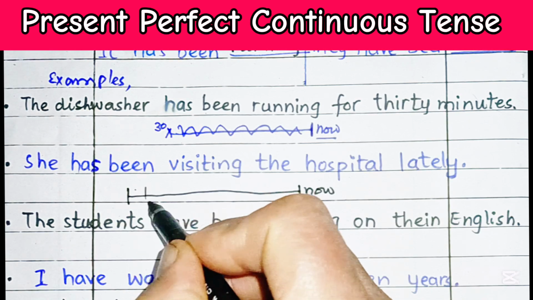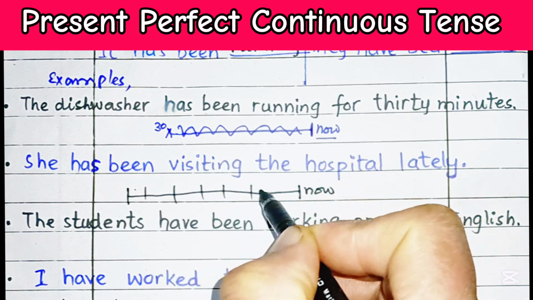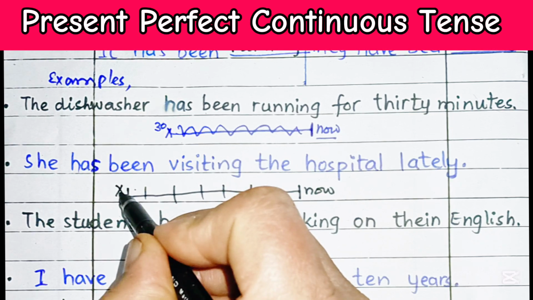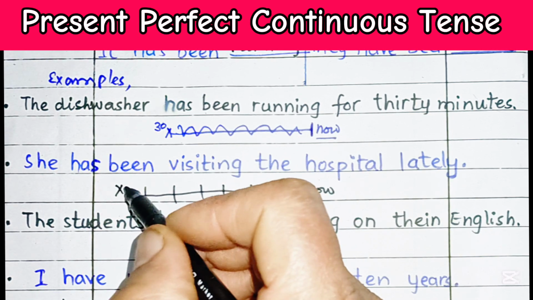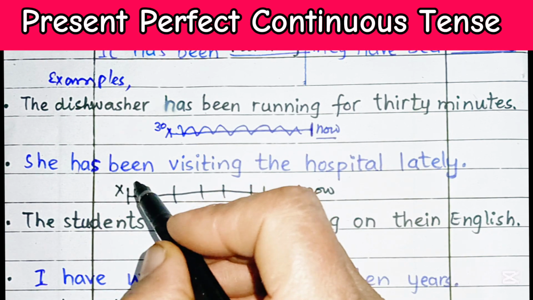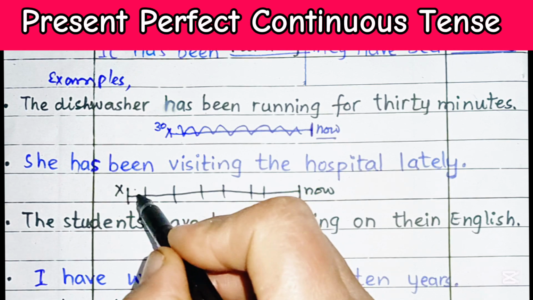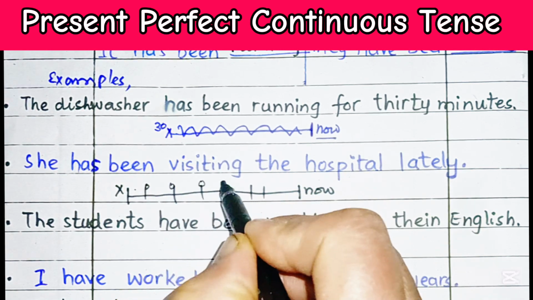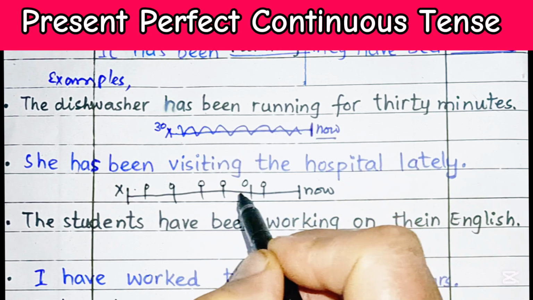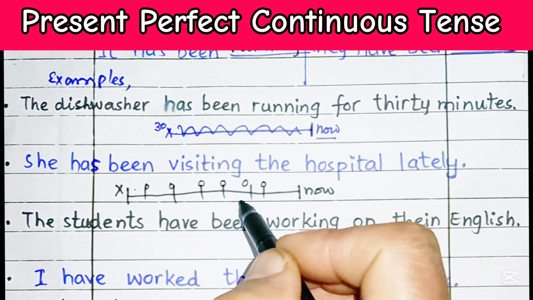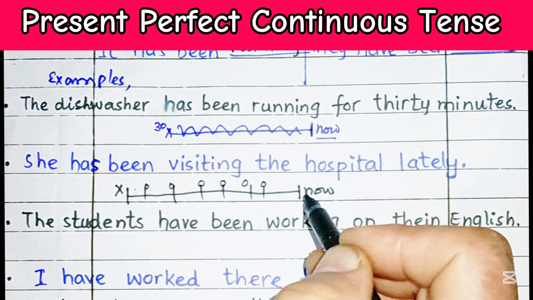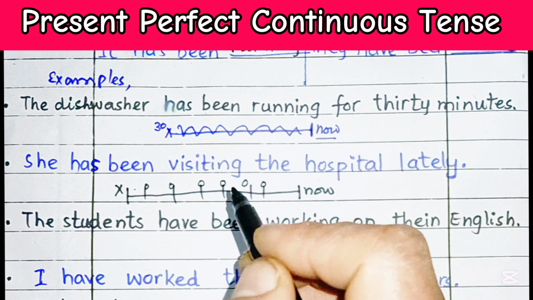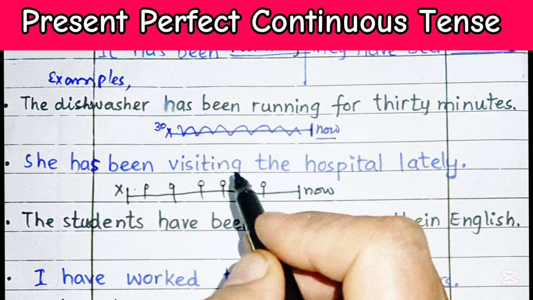Something started over here. There are times in the past, over here, over here, over here, when she used to visit the hospital, but we are not going to indicate exactly when those times were.